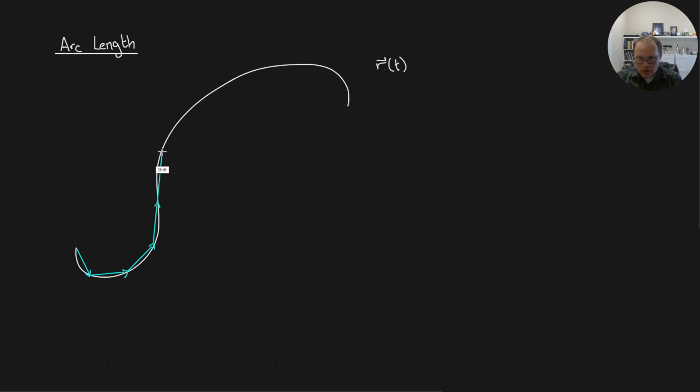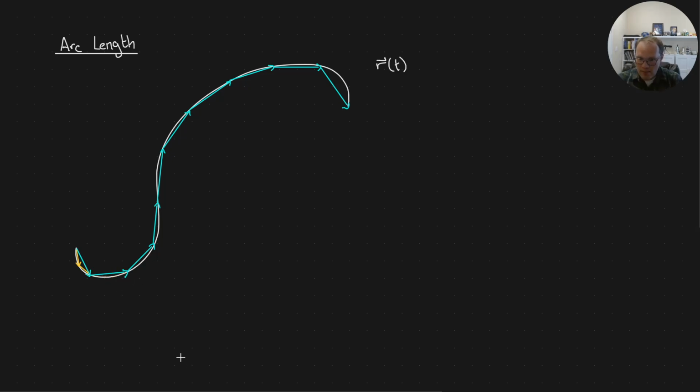So if I could find the length of all these vectors, then it'd be a pretty good approximation, wouldn't it? And I could improve the approximation as I increase the number of vectors. And if instead I have lots of little smaller vectors, then my approximation would improve, wouldn't it?